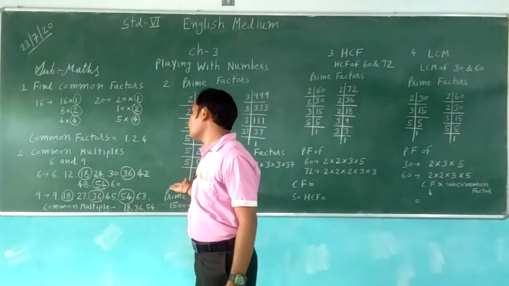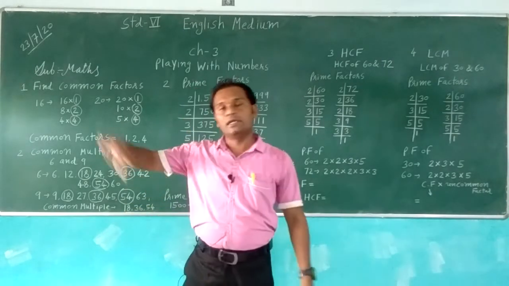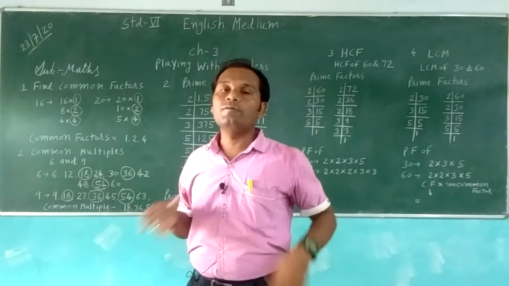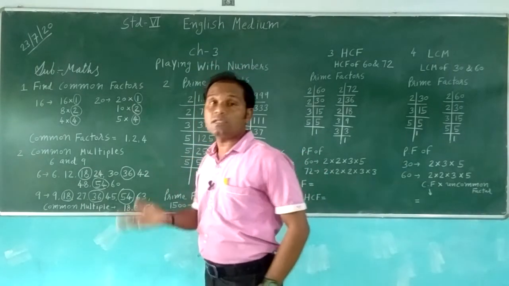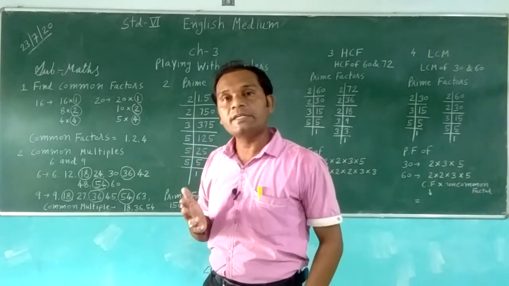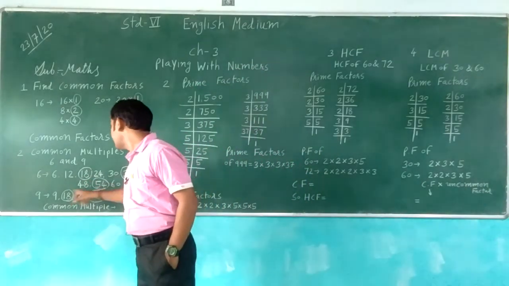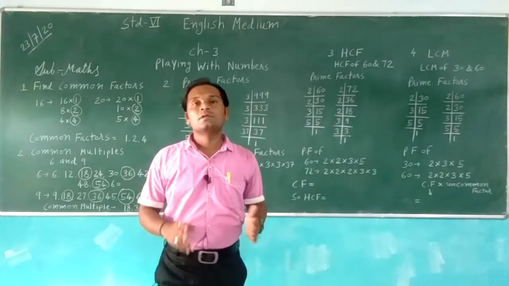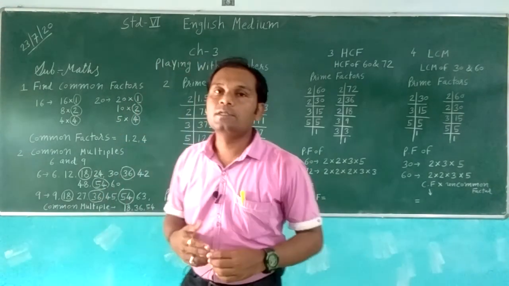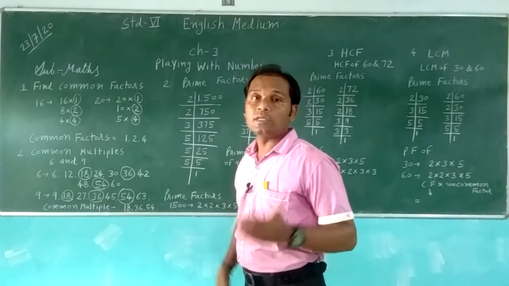We can go forward also in the 6 table, 6 11, 6 12, endlessly we can go and we can get many multiples, but we need just the first three common multiples. So we got the first three common multiples 18, 36 and 54. These are the common multiples. This way we can get common multiples of given numbers.